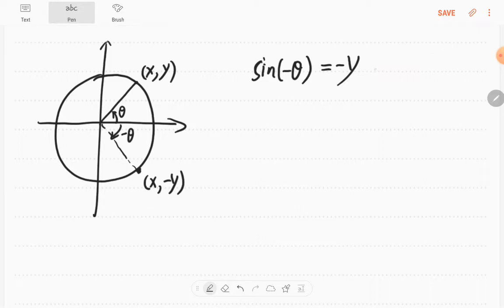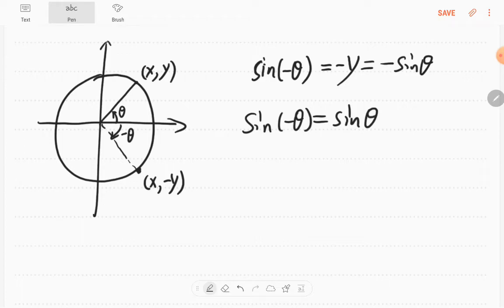We know that y is equal to sine theta, so it's negative sine theta. So you will get sine of negative theta is equal to negative sine theta. What does this mean? This means sine function is an odd function.